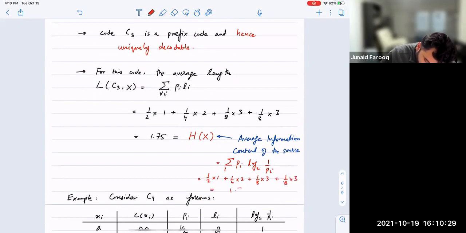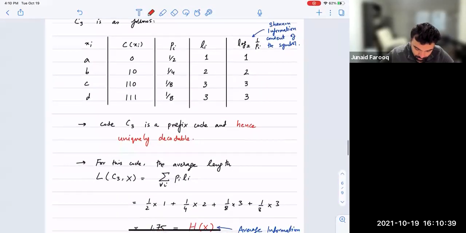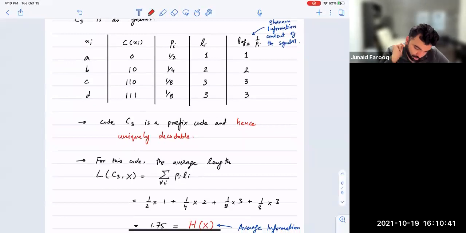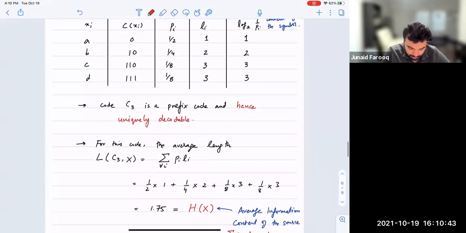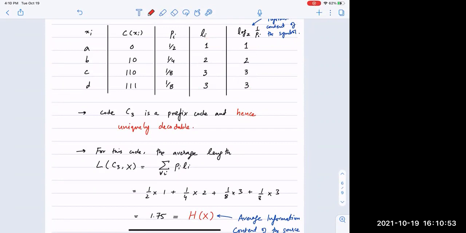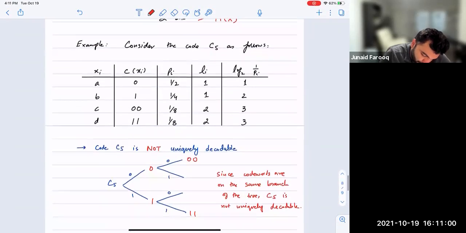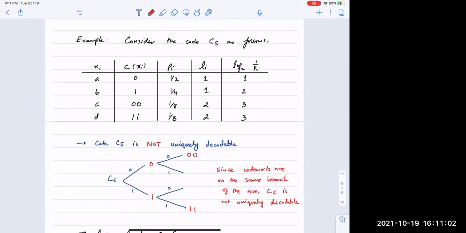So this is 1.75. Okay, now I get it. It was like, how can the same formula give us this? Yeah, that's the average information content. It's 1.75, but that's exactly equal to the average length, because here the lengths are the same as the information content. Understood. In other cases, you see lengths are larger than here, lengths are smaller than here. Got it.